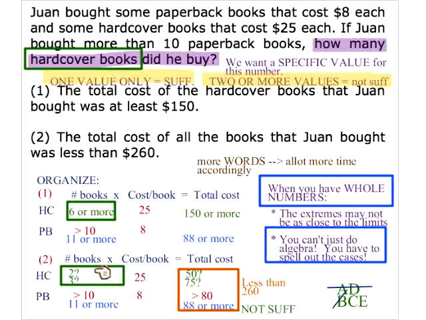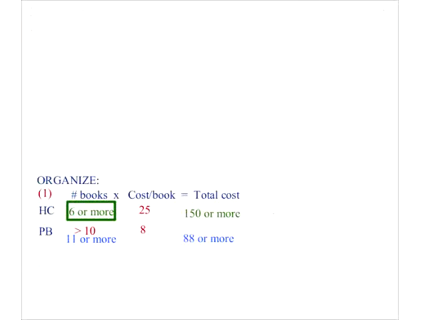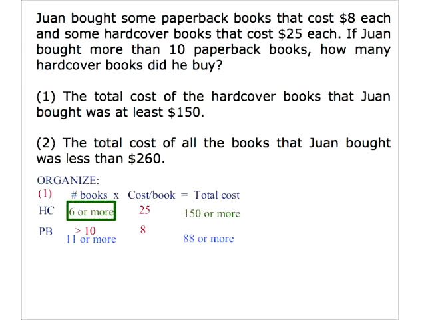So we need to combine the statements. That means we need to pull some of this data over to the next board. Let's pull the problem over there too. Okay, so here's the chart from statement 1, but we also need to incorporate statement 2 into it.